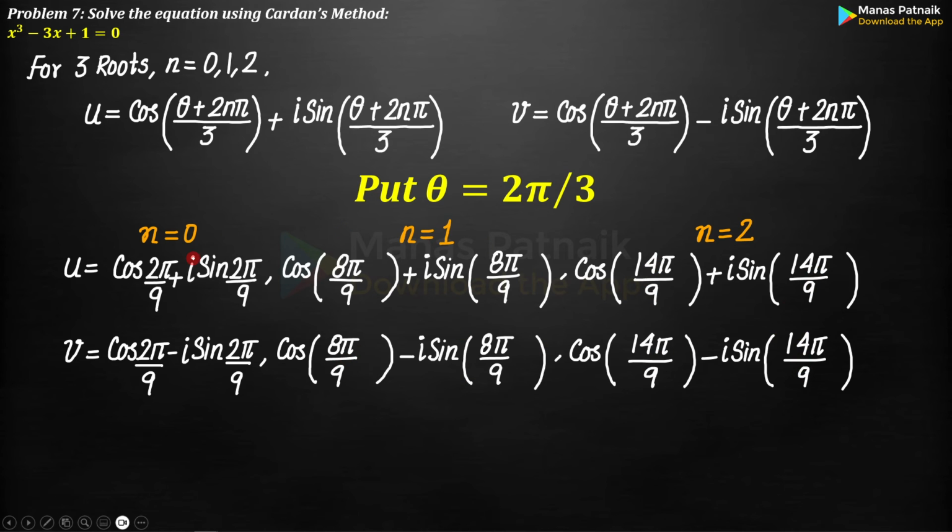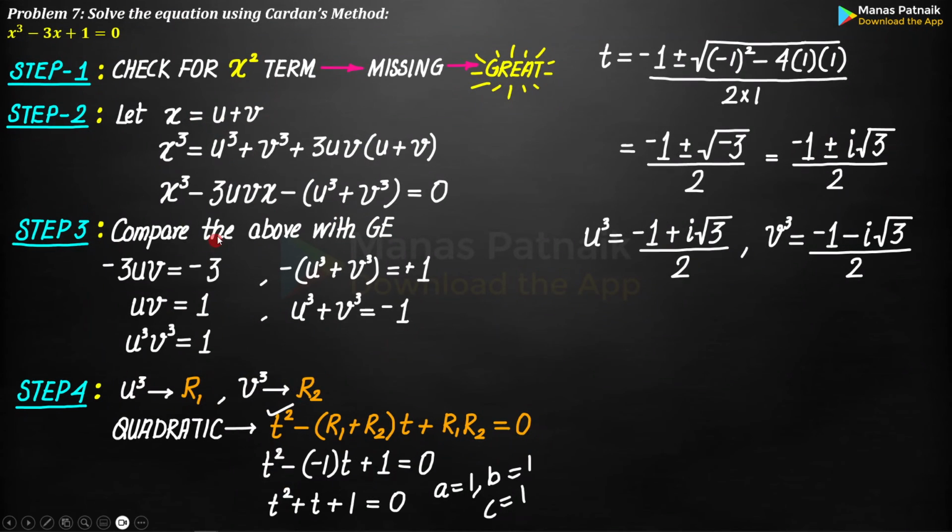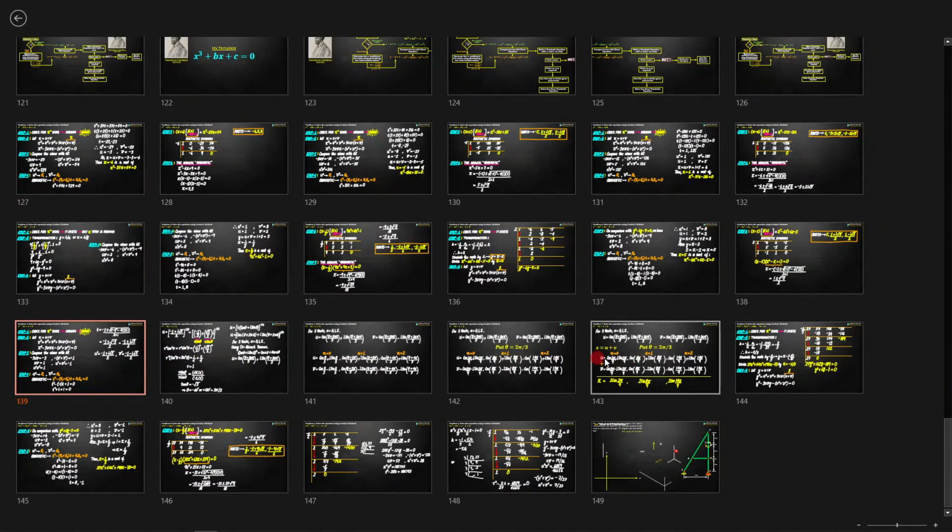But sir, we don't want the separate values of u and v. We know very well from our initial assumption that we started Cardano's technique believing that x is equal to u plus v. So we need to apply this.